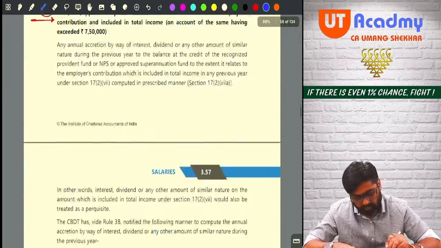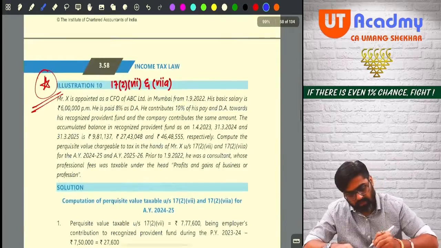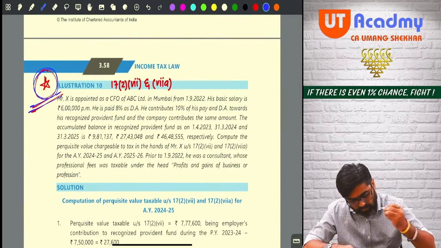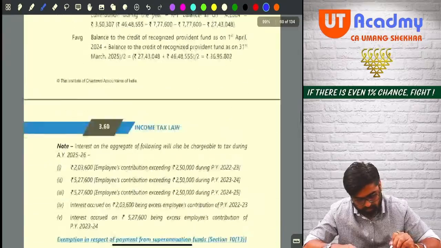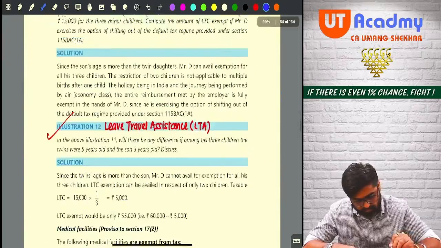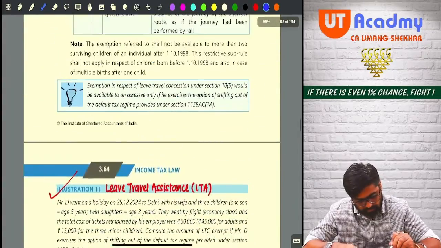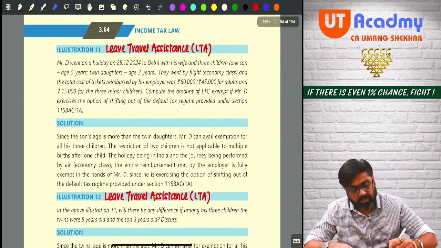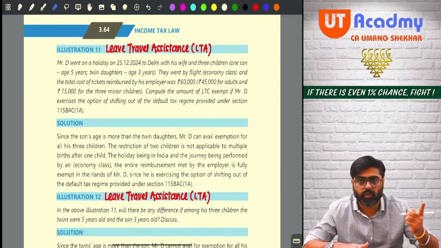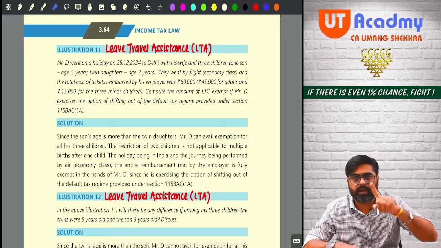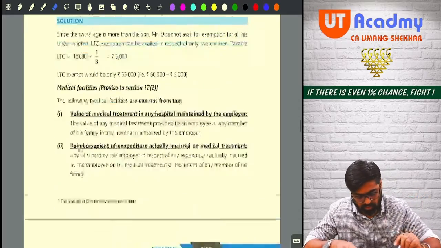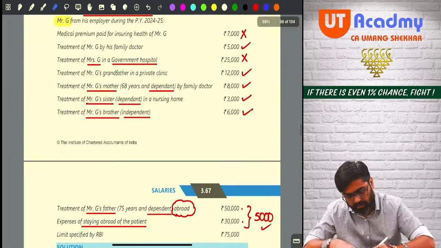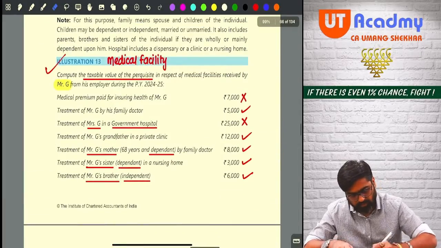Then 10th. This 10th also put a star mark. We'll do it later. 11th and 12th will be done with LTA. We are supposed to do LTA, and after doing LTA, we are doing these two, 11th and 12th. 13th also we are doing later, after medical facility.